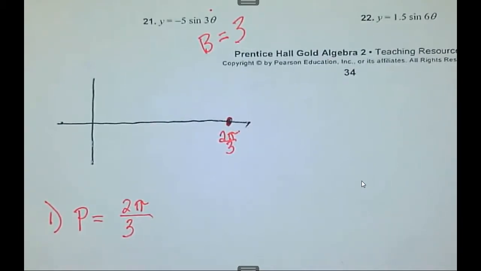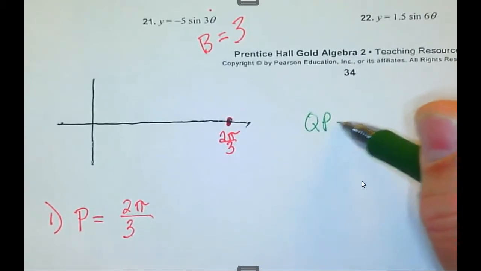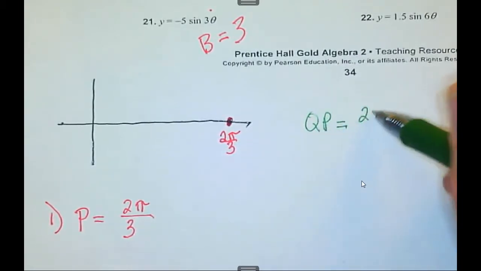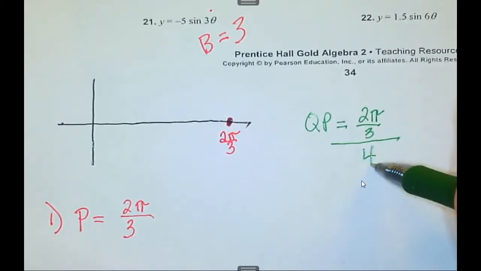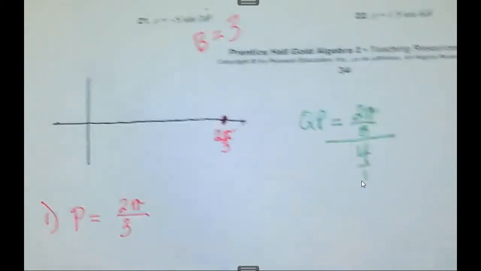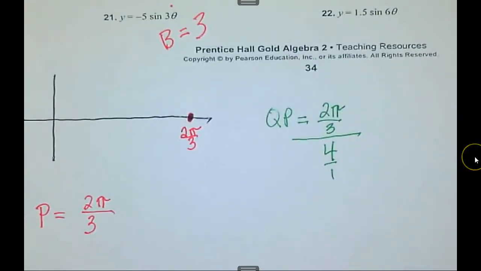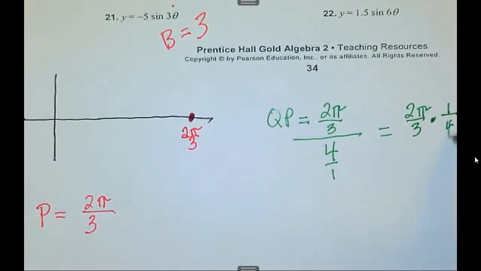Okay. Now, we have to find our quarter points. This is what I mean where it gets a little hard. Quarter point. I'm going to take my period, 2 pi over 3, and I'm going to divide it by 4. That's 4 over 1. So I'm going to take 2 pi over 3 and multiply it by the reciprocal, which is 1 over 4.